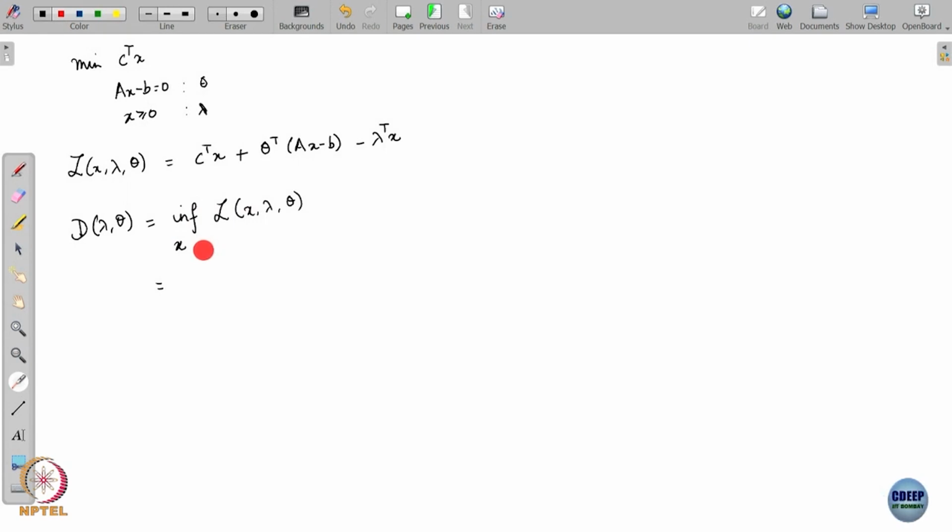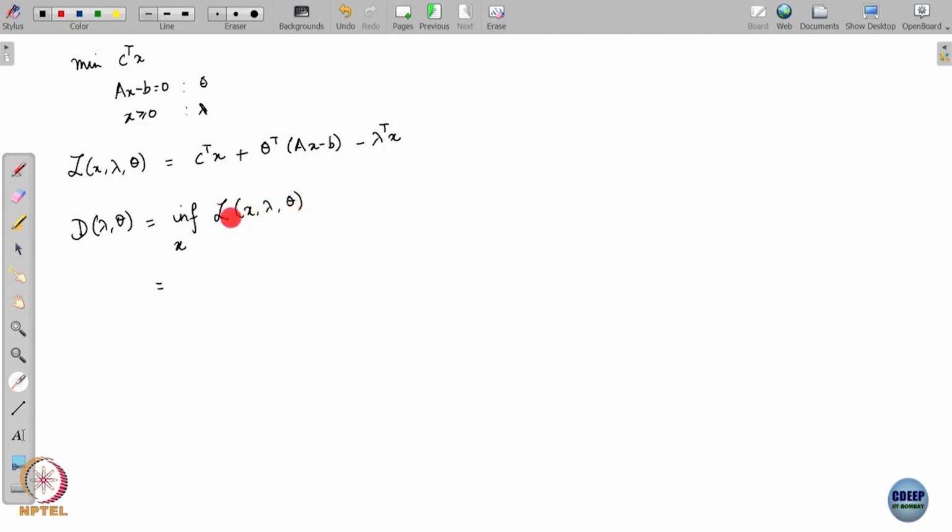Now, if you minimize a linear function without any constraints, the optimal value is going to be minus infinity, except in the case when the coefficients of the linear function are 0.